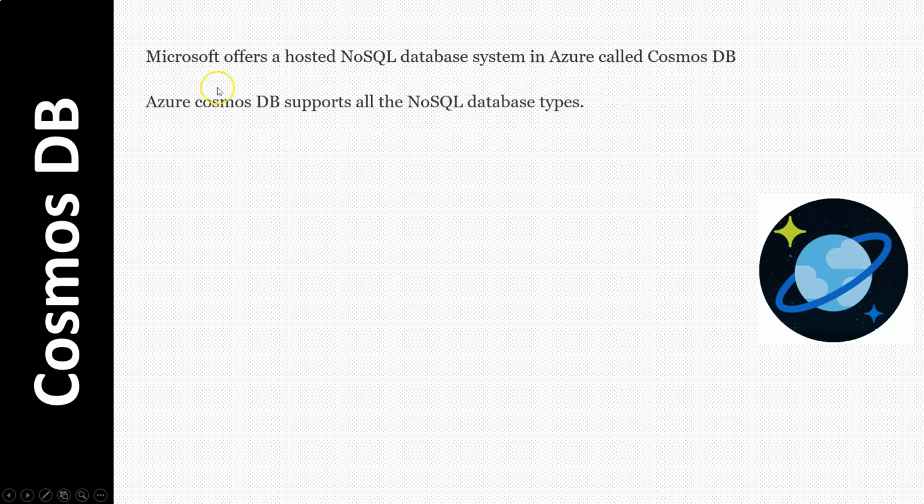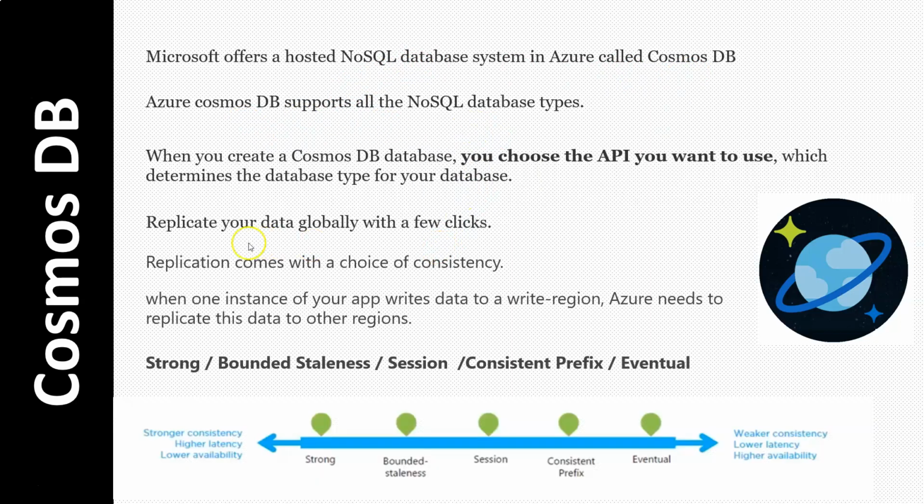Microsoft offers a hosted NoSQL database system in Azure called Cosmos DB. Cosmos DB supports all the NoSQL database types. Cosmos DB replicates your data globally with a few clicks. And for your application, there's a choice of consistency. You can opt as per your need. There are 5 ways to replicate the data: one is strong, then we have bounded staleness, session, consistent prefix, and then eventual.